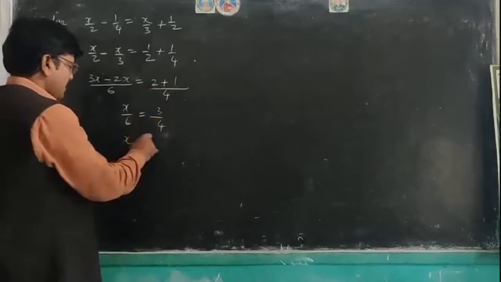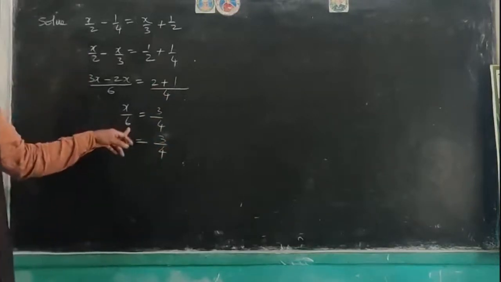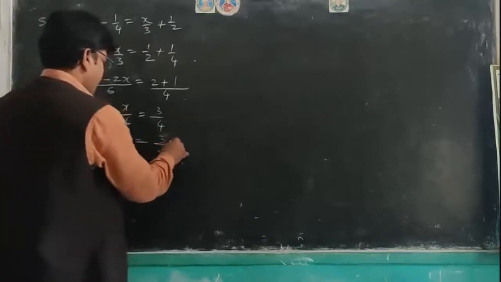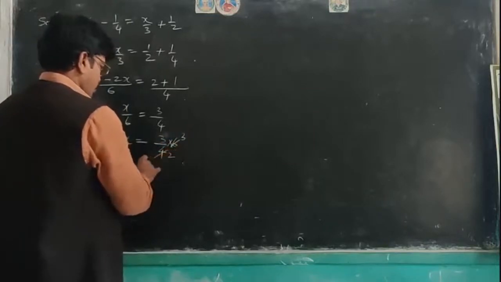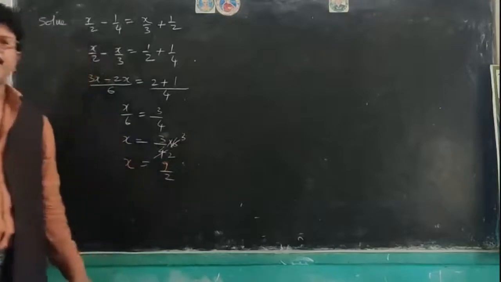Now 6 divides; transposing to RHS, it multiplies. So 3 2s are 6... x equals 9 by 2.